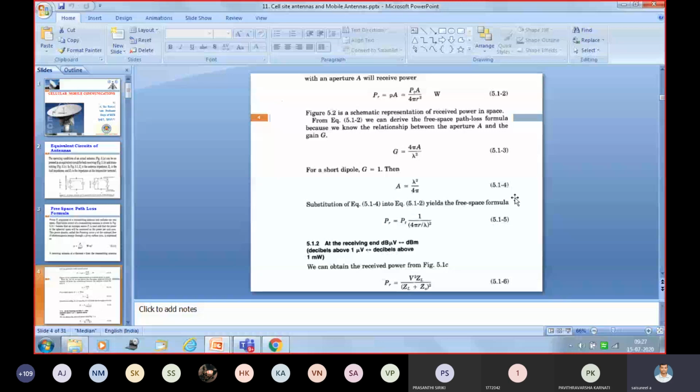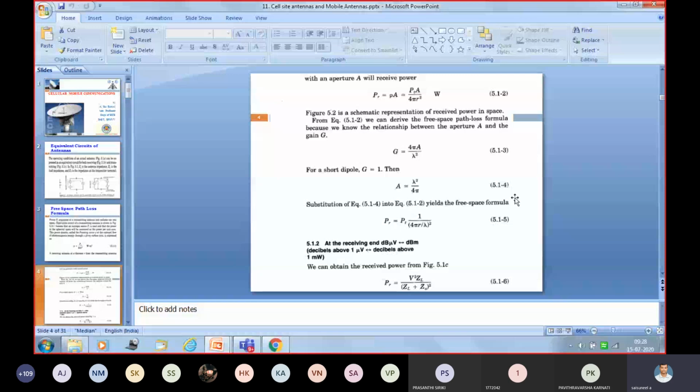Substituting this aperture equation, the received power equals PT into lambda by 4 pi R whole square. This is the received signal equation in general.